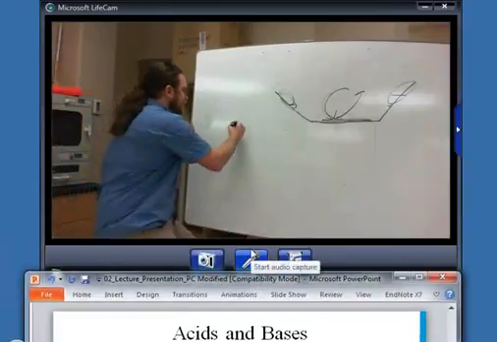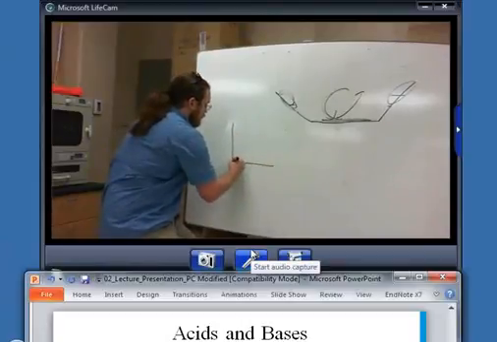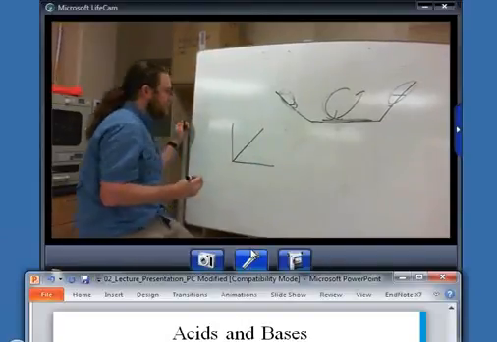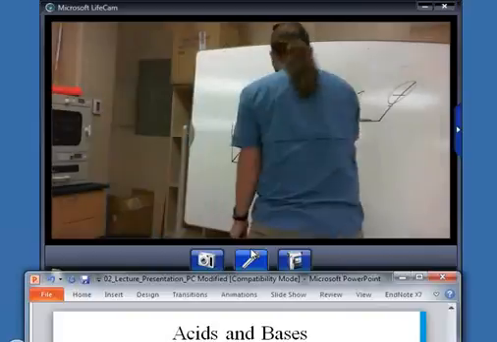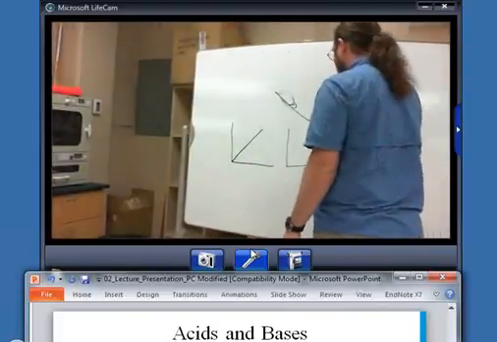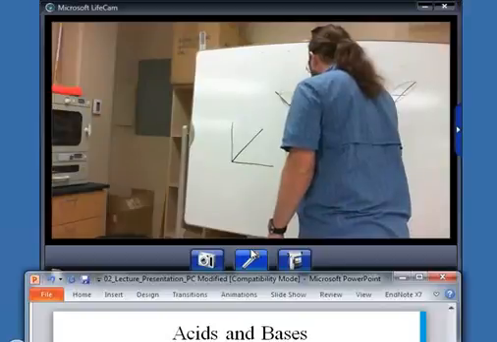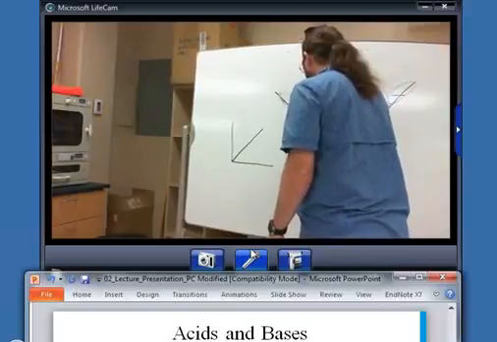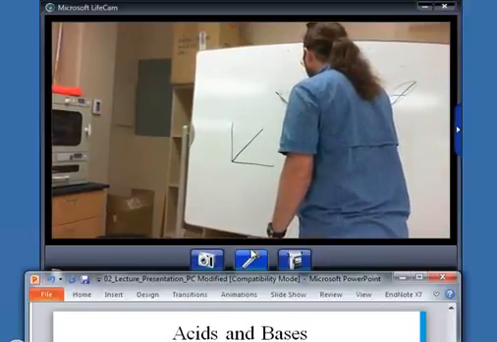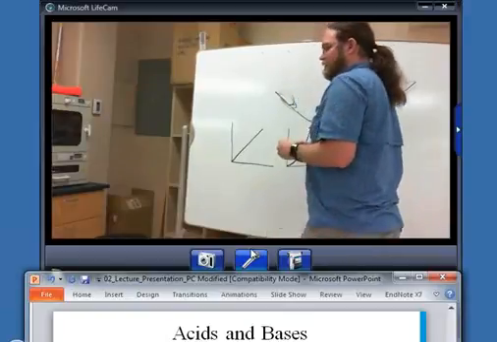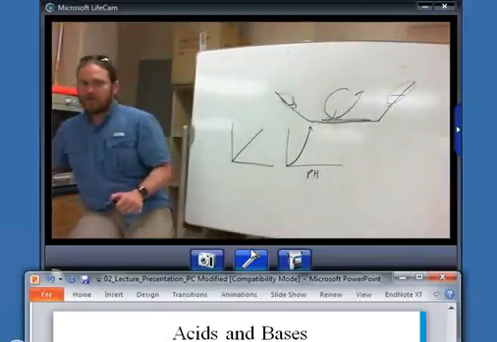What that means is that on a linear scale, for every change in 1, there would be a change in 1 over here. On the pH scale, for every change of 1 in pH, you get a tenfold increase in reactivity. So it's not a 1-to-1 ratio.